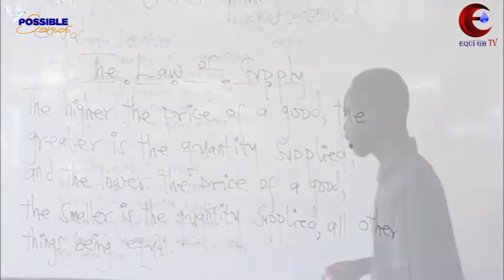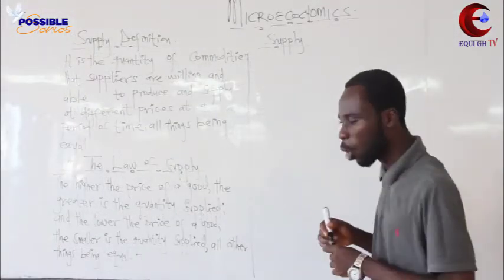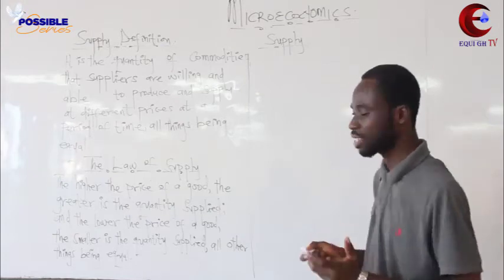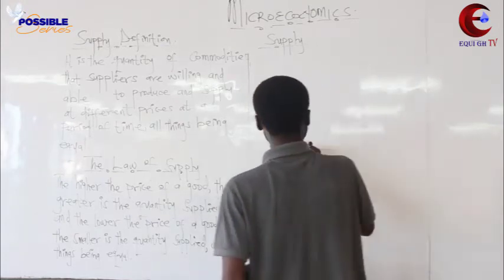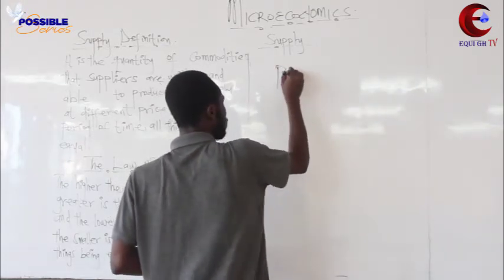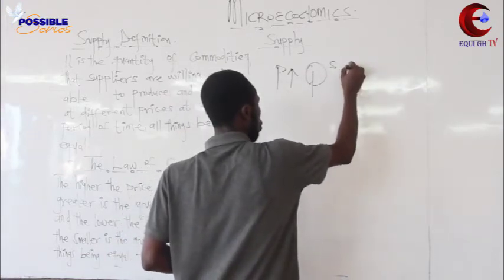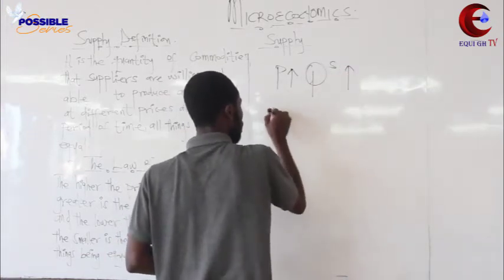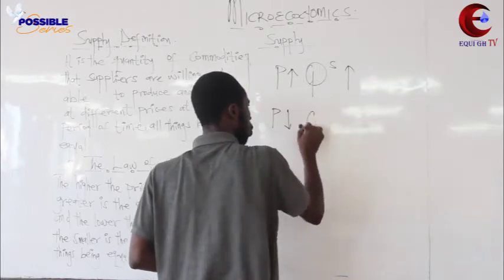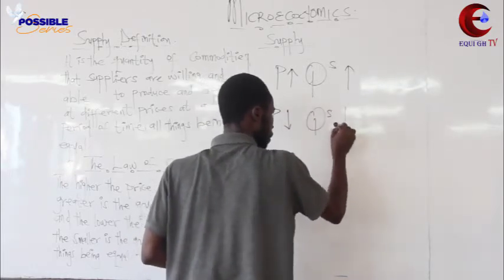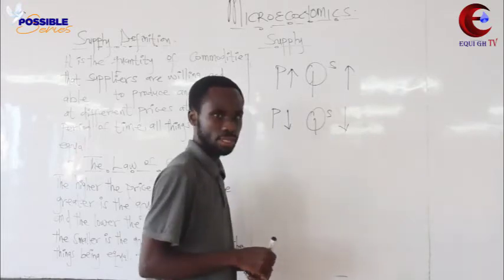So over here, we could see that it's the direct opposite of the concept of demand. Now, we are saying that when price goes up, quantity supplied will also go up. And when price comes down, quantity supplied will also come down. I hope it makes sense.